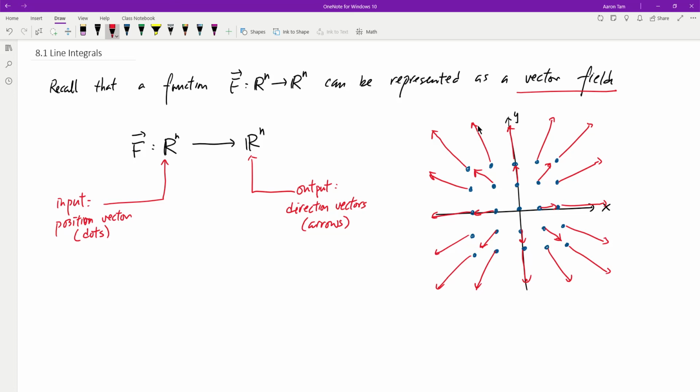So in this case, this gives us an example of a vector field, where our function F maps from R2 to R2.